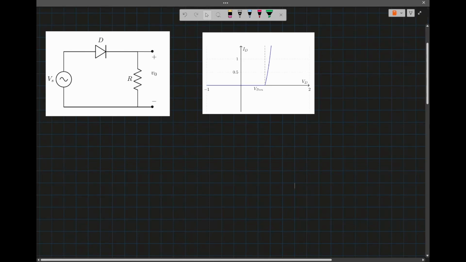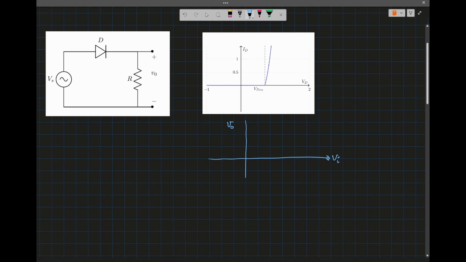In this video, we are going to sketch the transfer characteristic of this network, meaning we are going to sketch the output and the input. So the output as a function of the input voltage. Okay, so the input voltage is a sine wave.